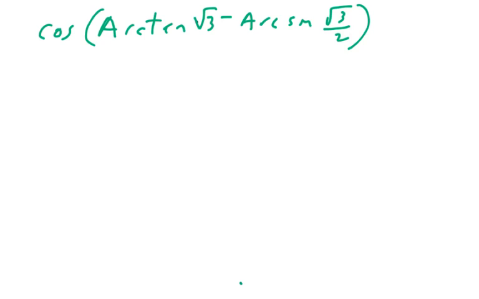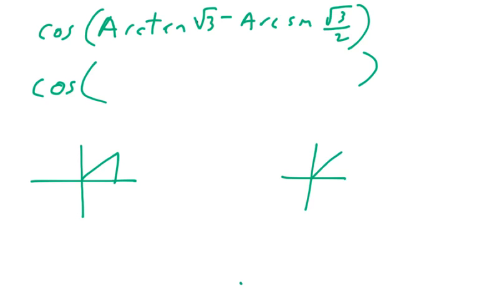Alright, we'll do one more here, like example number 2. We have the cosine of the arctan of the square root of 3 minus the arcsine of the square root of 3 over 2. So because they're both positive, we're going to put these in the first quadrant.